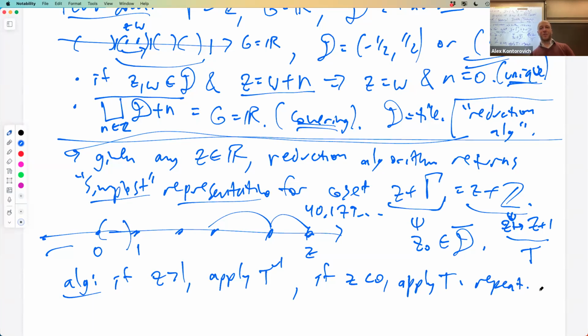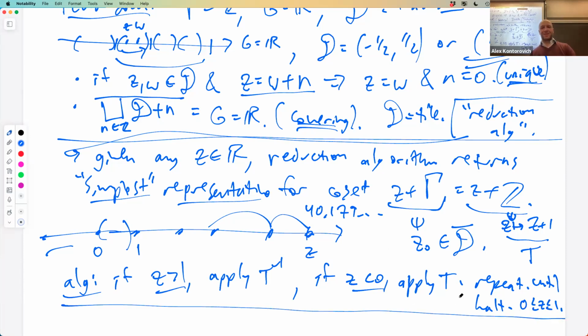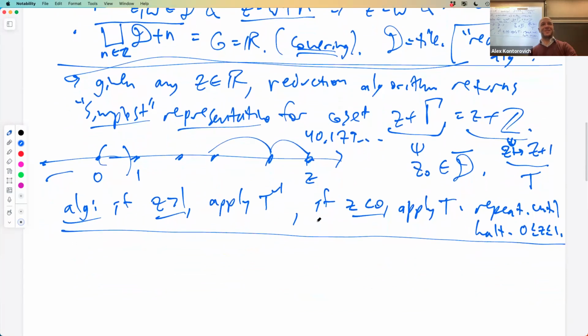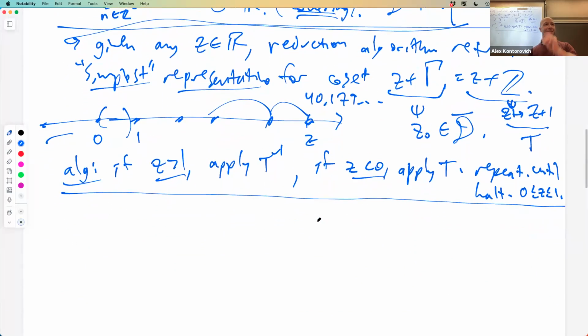Repeat until you halt, and you halt when neither of these conditions applies. In other words, z is at least in the closure of D. Does that make sense? So this is completely and utterly trivial, but it's about to be non-trivial. That's why I'm spending so much time on it in this trivial case, so that we see what to do.